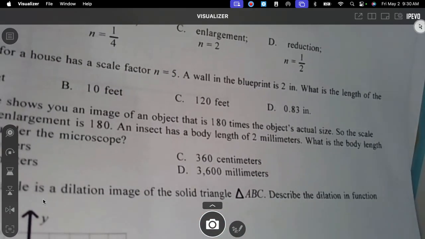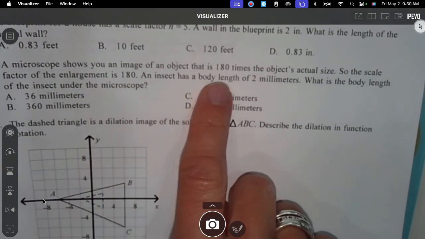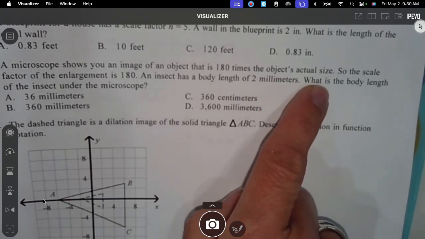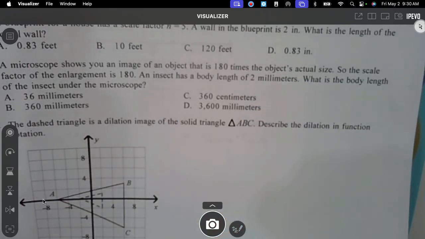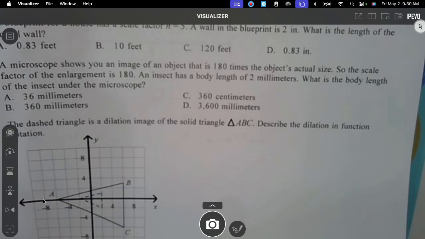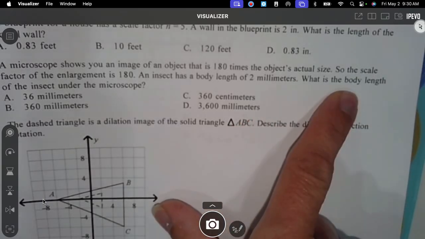Let's see, 27. A microscope shows you an image of an object that's 180 times the object size. This is like the one we did with the magnifying glass. Didn't we do a magnifying glass problem? Barely. I think we kind of talked about one, with the apple seed, or pear seed or something.